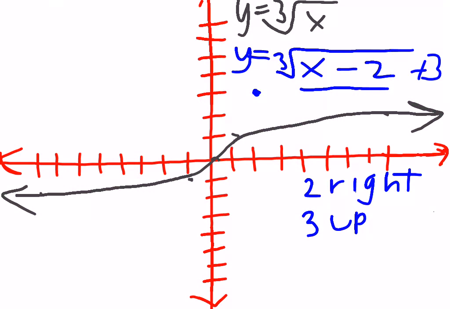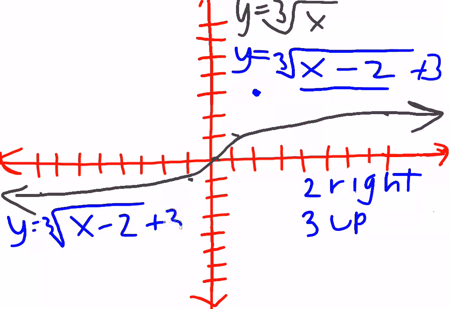So let me rewrite my function down here: y equals the cubed root of x minus 2, plus 3. Let me erase it up there so that we have space to graph it.